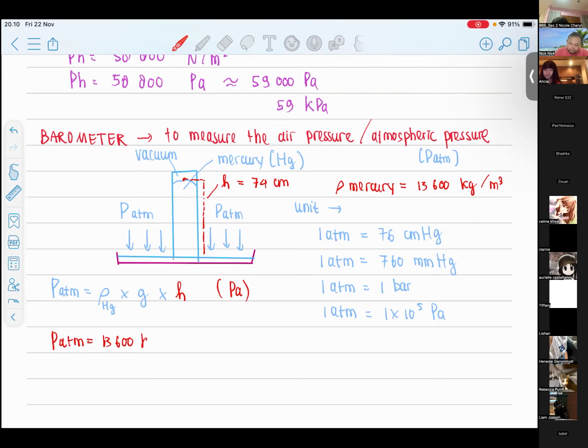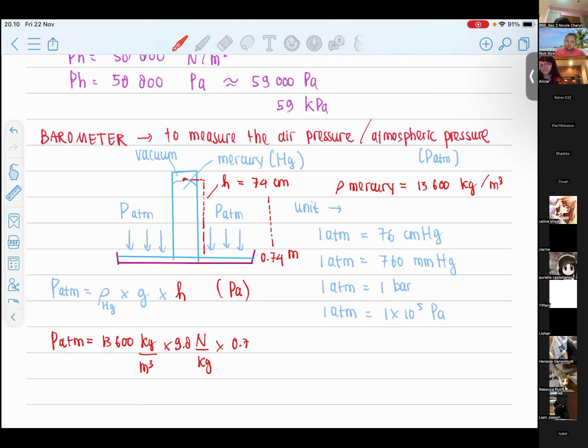Kilogram per meter cube times 9.8 Newton per kilogram times the height. How many meter, students? Convert 74 centimeter to meter. 0.74. Correct.